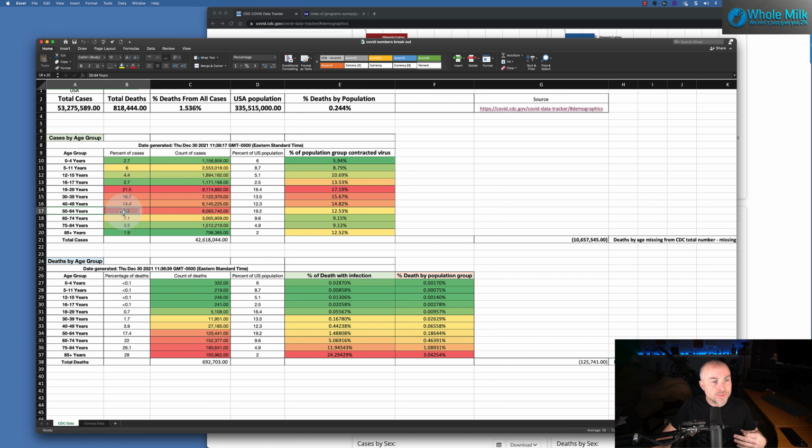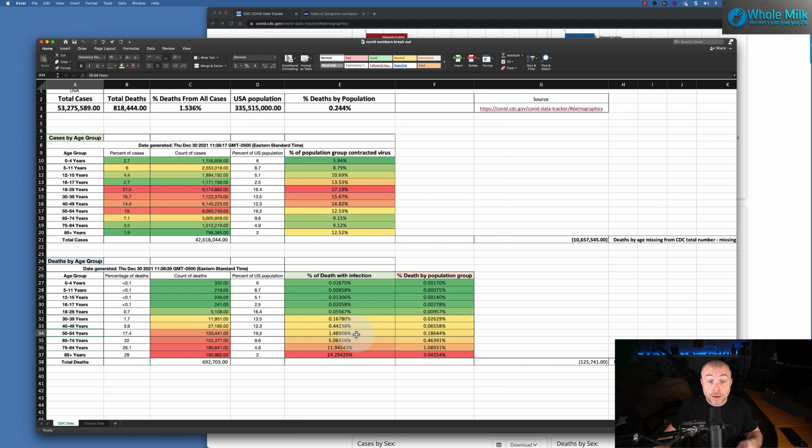Out of 50 to 64, there were 8 million cases. In 50 to 64, there were 120,000 deaths. 1.48% of the people in that age range who contracted COVID died of COVID.